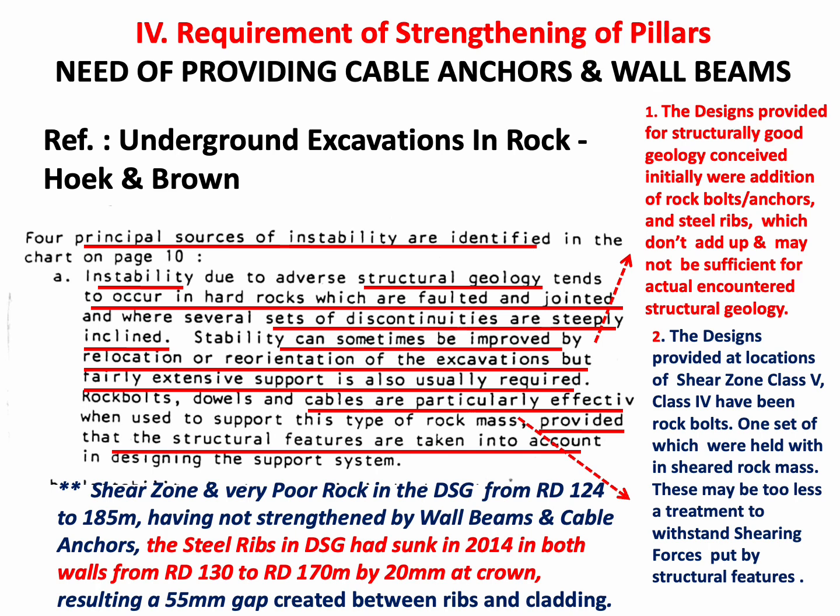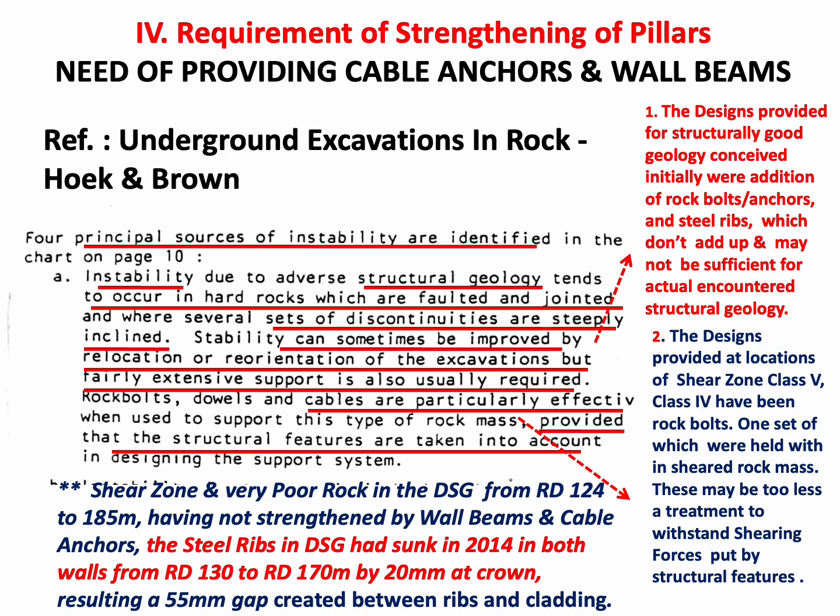But what was happening was that out of the crisscross shear zones, the one set of the rock bolts were having their end provided in the sheared zone only, which was making it ineffective.